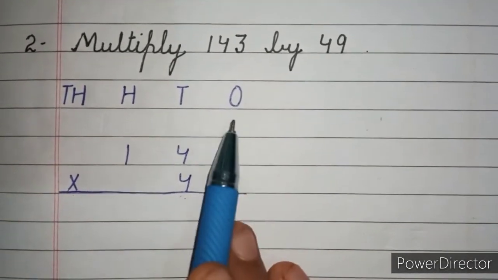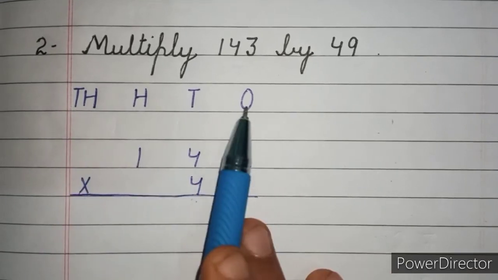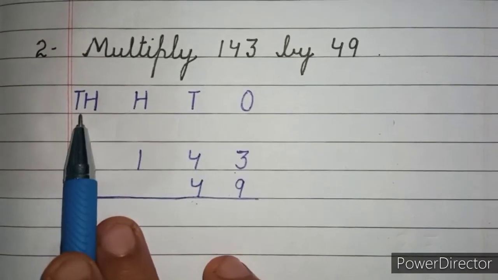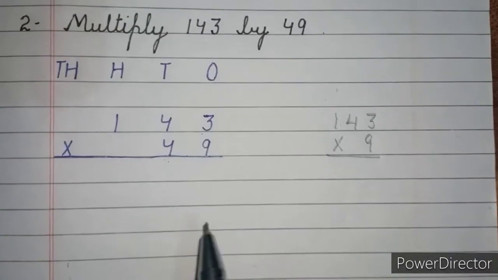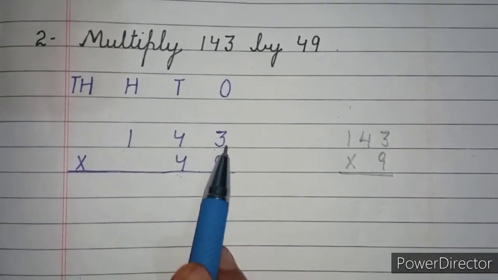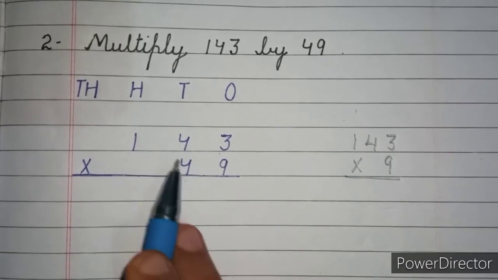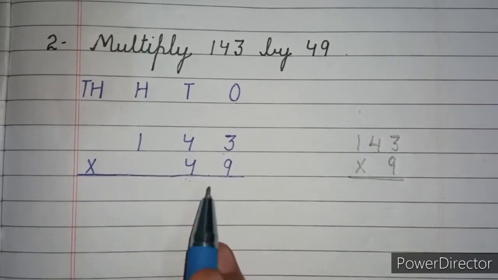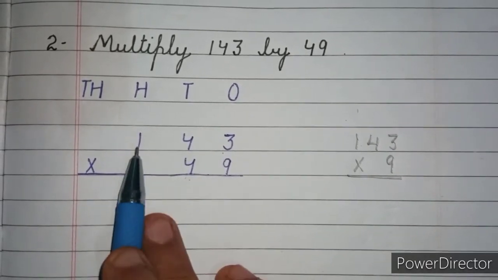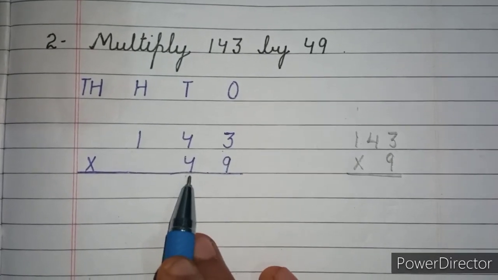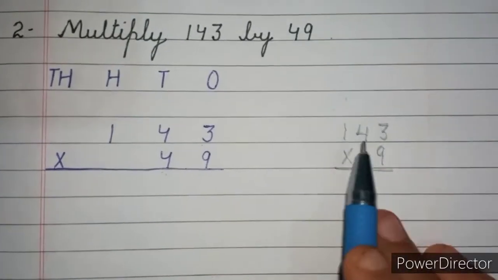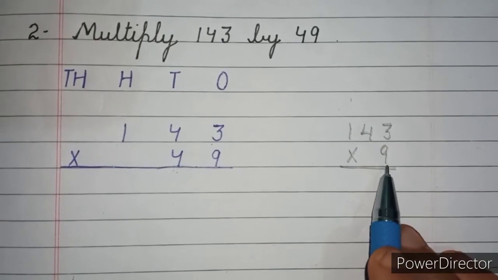First we arrange the numbers in the columns ones, tens, hundreds, thousands. Now written here 143 multiplied by 49. Children, we don't have to multiply 143 by 4 first. We have to multiply 143 by 9.